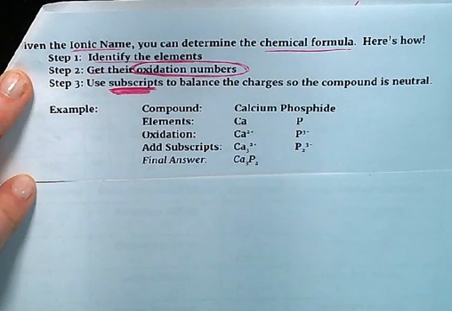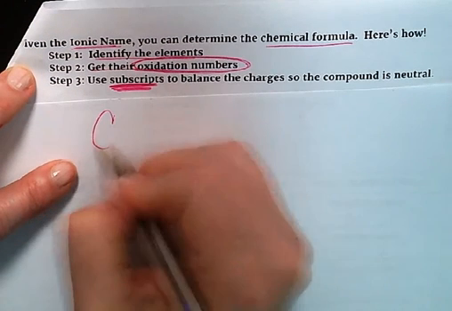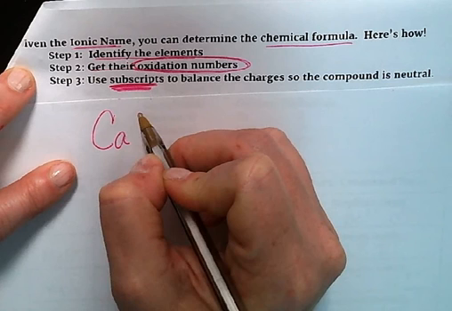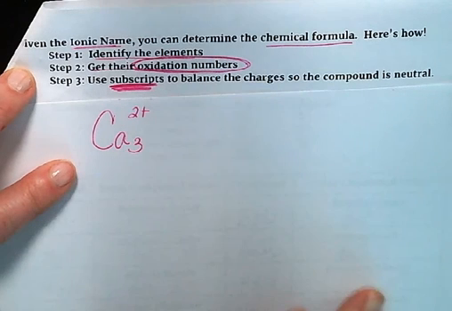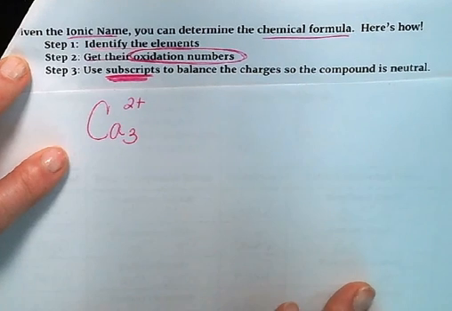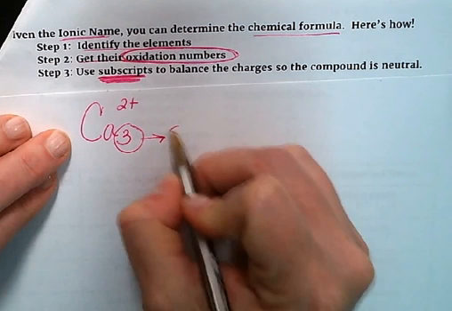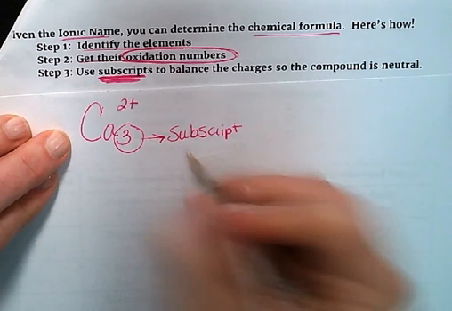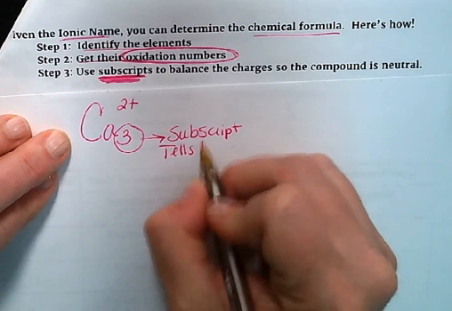Remember the subscript, like if I put Ca, which is calcium, is a 2+ charge, and if I have 3 of those, that means this number here is my subscript, and that tells, if you need to write this down, this is in your notes, how many atoms there are.